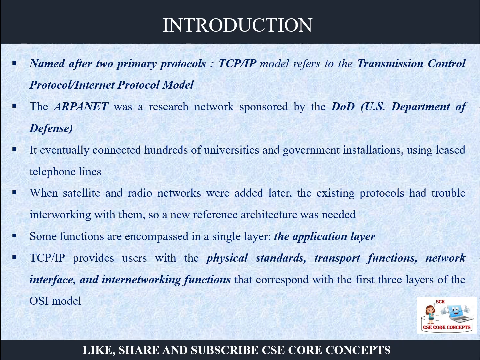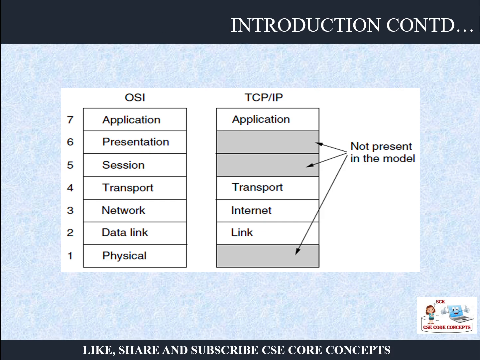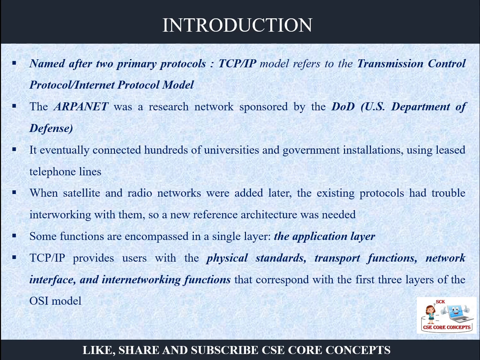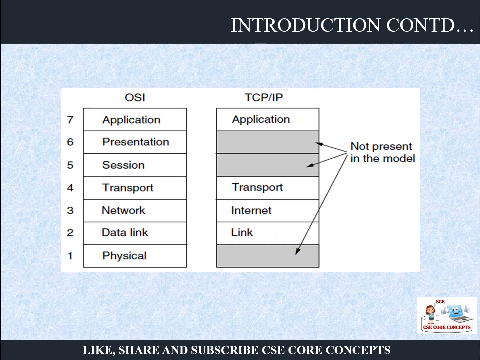Now, this TCP/IP model differs from your OSI model where you had 7 layers. TCP/IP has only a few layers because the application layer encompasses some of the layers. So TCP/IP provides the user with the physical standard, the transportation functions, the network interface, and the internetworking functions that correspond with the first 3 layers of the OSI model.